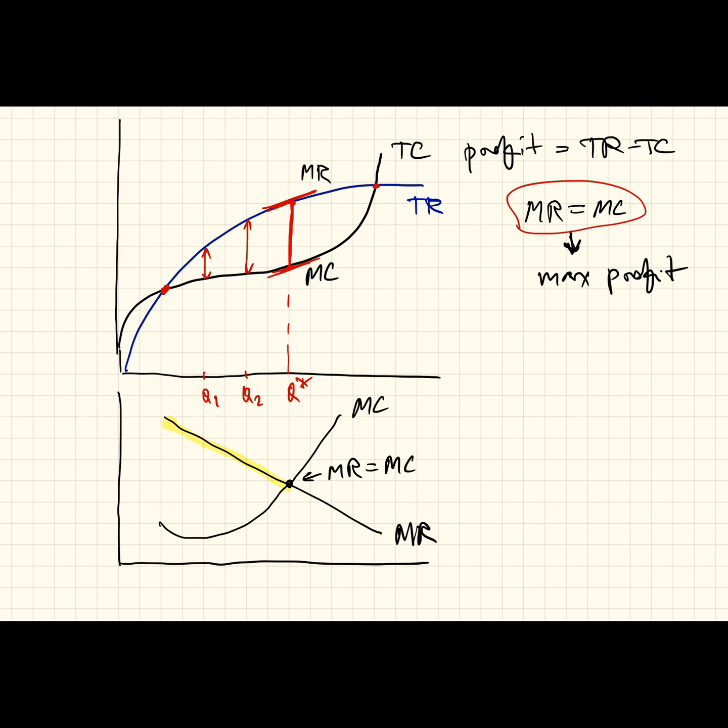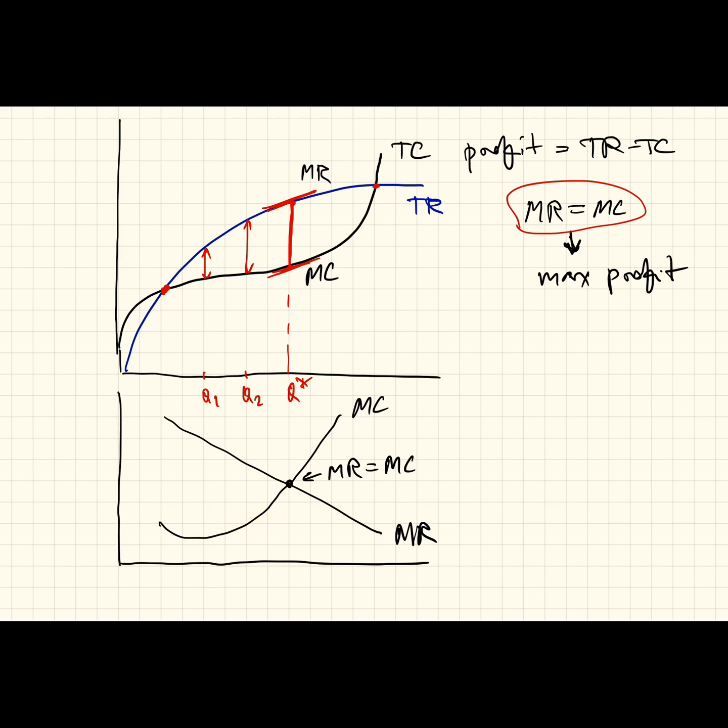Okay. On this curve, it means you want to keep adding units as long as, again, total revenue curve is growing faster than your total cost curve. So when you get exactly to the point where the slopes evened out, when marginal cost caught up, as it was growing, it caught up eventually with marginal revenue.